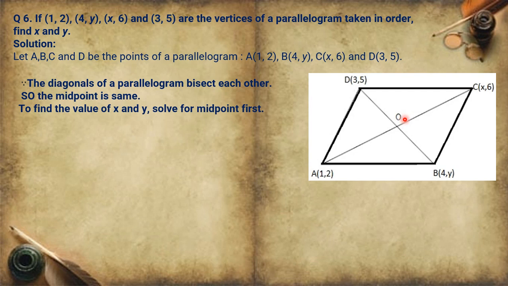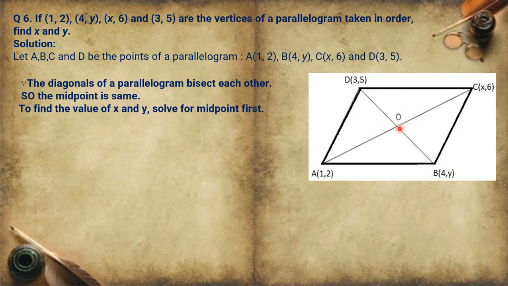Now, as the diagonals of a parallelogram bisect each other, they divide into equal parts. So this diagonal AC is divided by the point O into equal parts, AO equals OC. That means the ratio in which O divides the line segment AC is 1:1, so m1:m2 is 1:1.